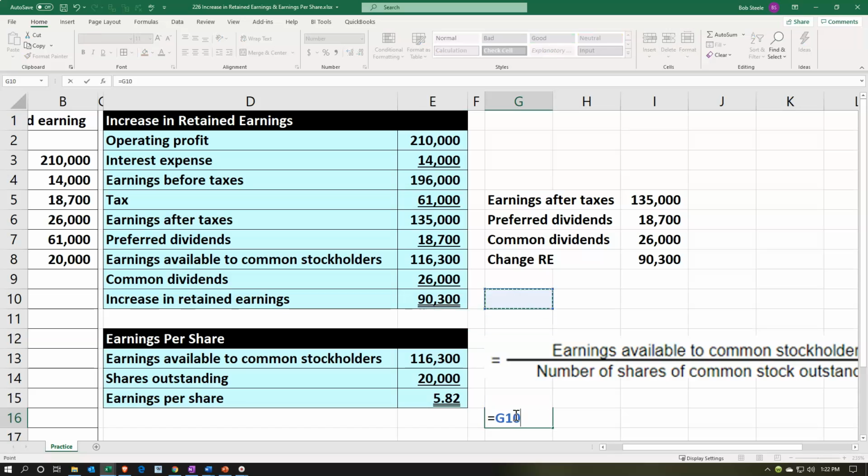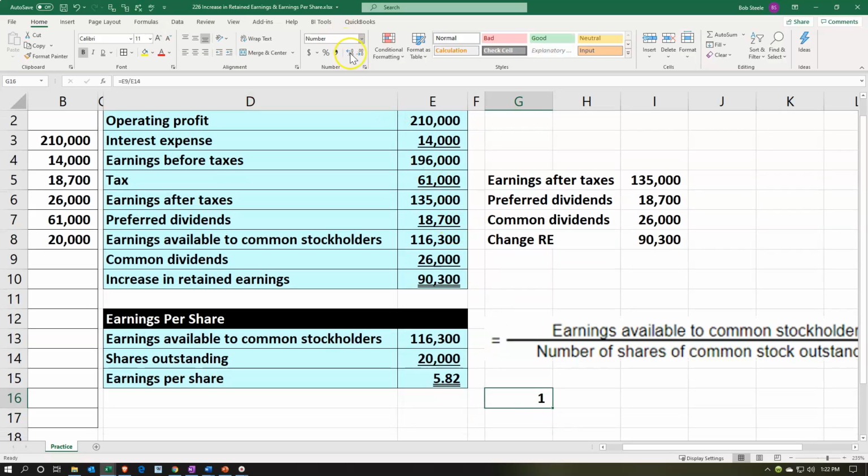If you took the 26,000 divided by the 20,000 shares and added some decimals, it was only $1.30. So $1.30 actually went out per share in dividends, whereas if they were to distribute all the earnings, it would be 5.82. So don't confuse earnings per share with how much will actually be paid out to the owners.